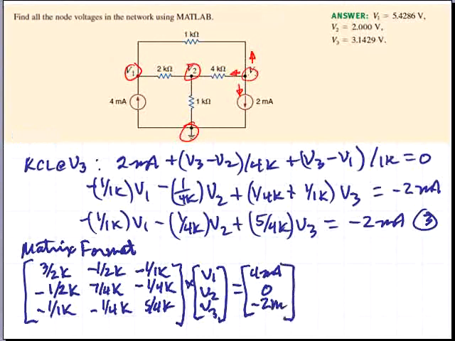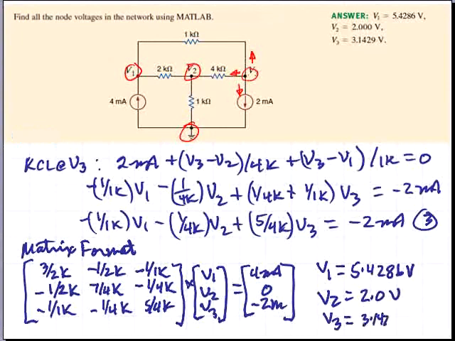So solving this by your favorite technique, you'll determine that V1 is equal to 5.4286 volts, V2 is equal to 2.0 volts, and V3 is equal to 3.1429 volts. So those are the three node voltage equations.